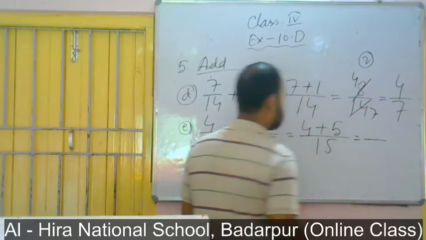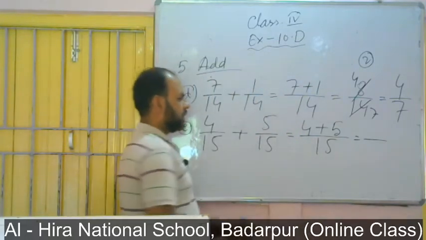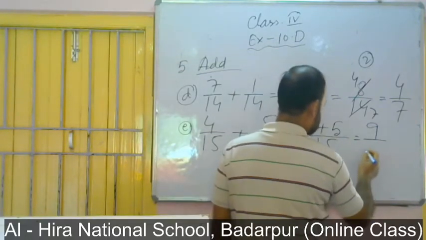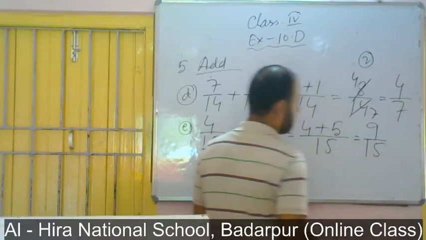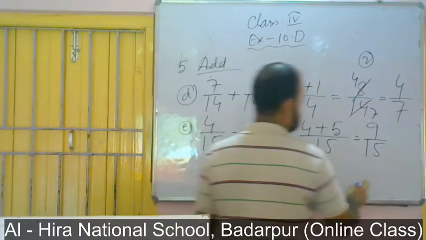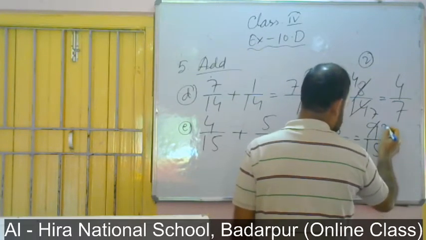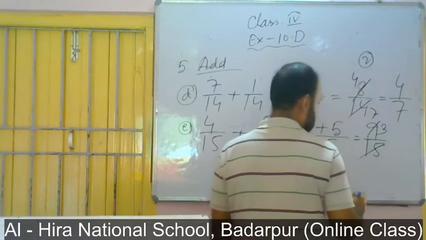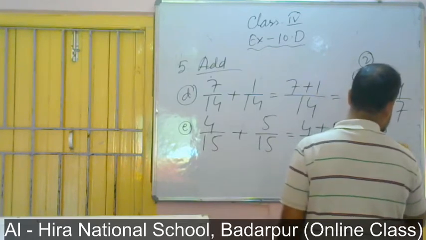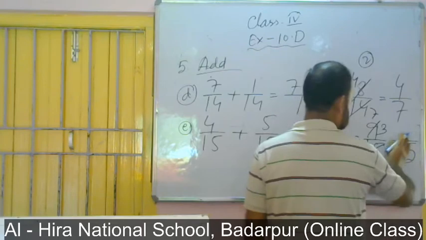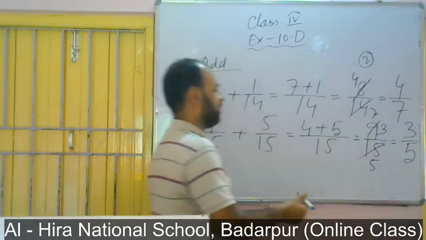So 4 plus 5 is equal to 9, so 9 by 15. The highest common factor is 3. So if we cut with 3, 3 3s are 9 and 3 5s are 15. Answer is 3 by 5.